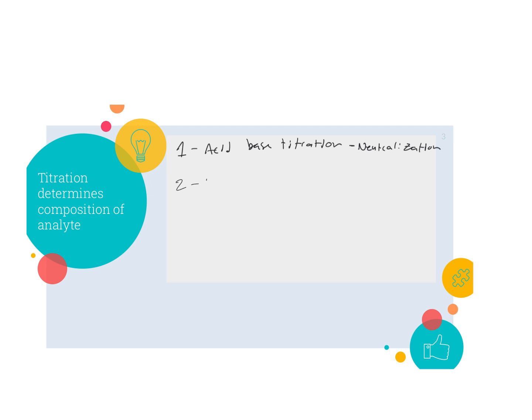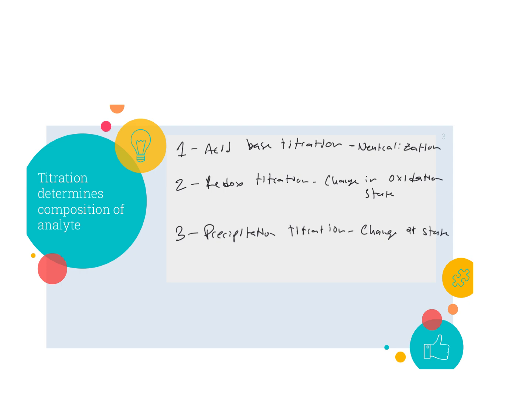The second is a redox titration, and this indicates a change in oxidation state, which we will talk a lot more about in a later topic. And the third is a precipitation titration, and this is indicated by a change of state. You have a precipitate formed in a precipitation titration.